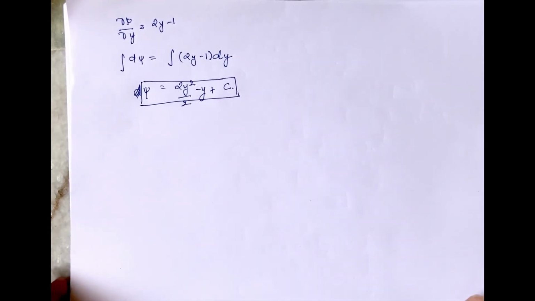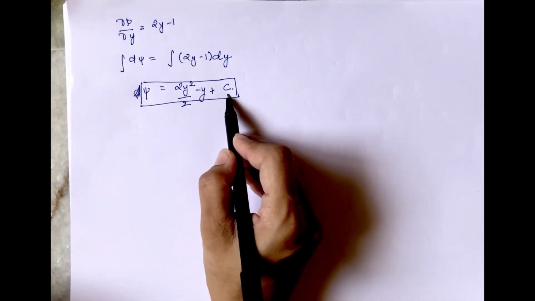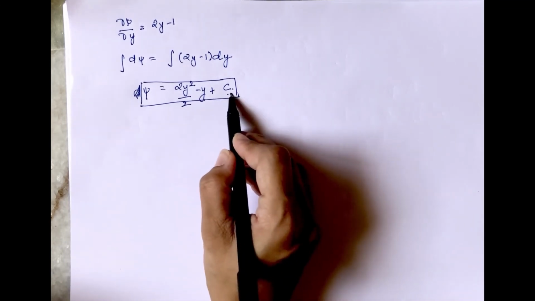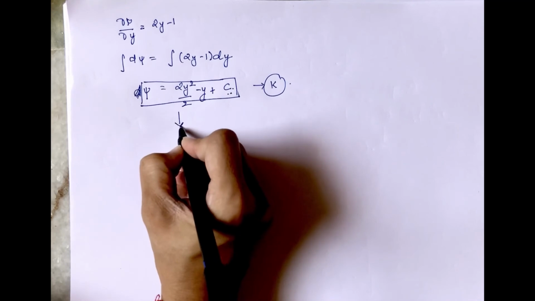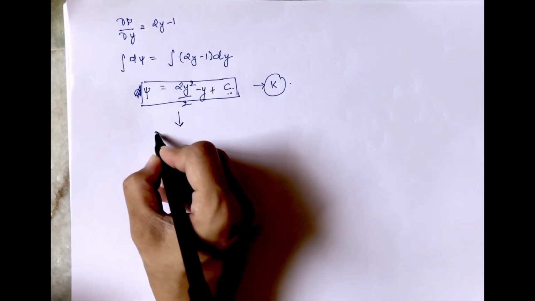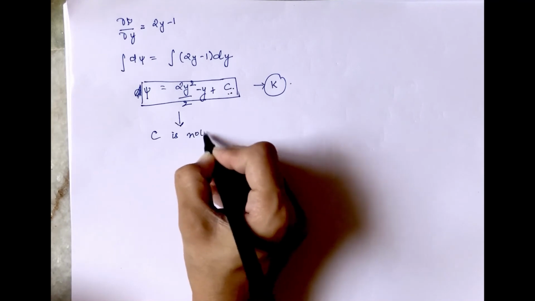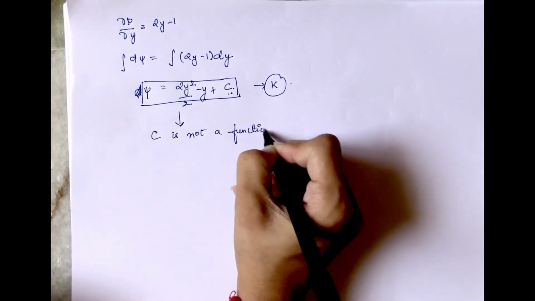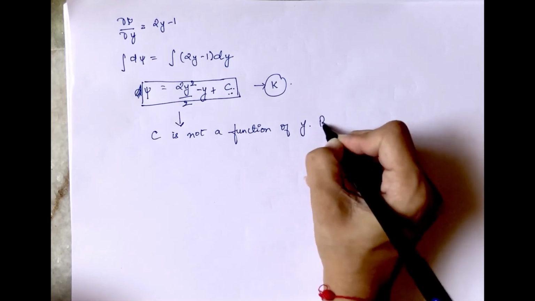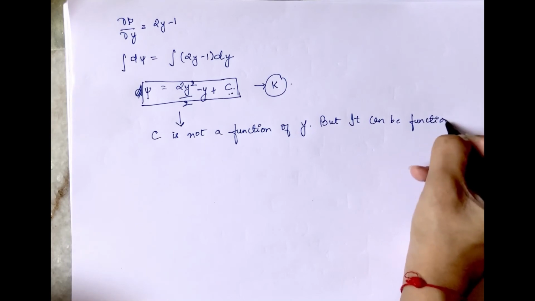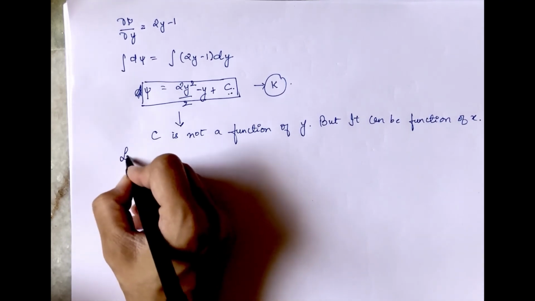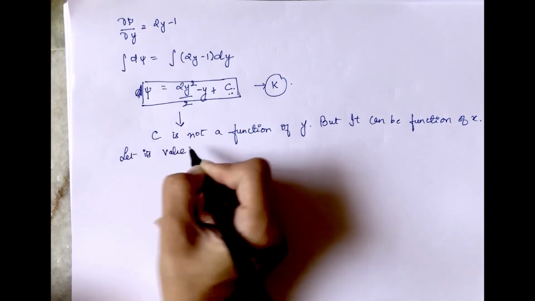Now the constant of integration c is not a function of y, but it can be a function of x, right? Okay, so let the value of this constant of integration c be represented by k. So what I am trying to say is that this constant of integration is not a function of y, but it can be a function of x.